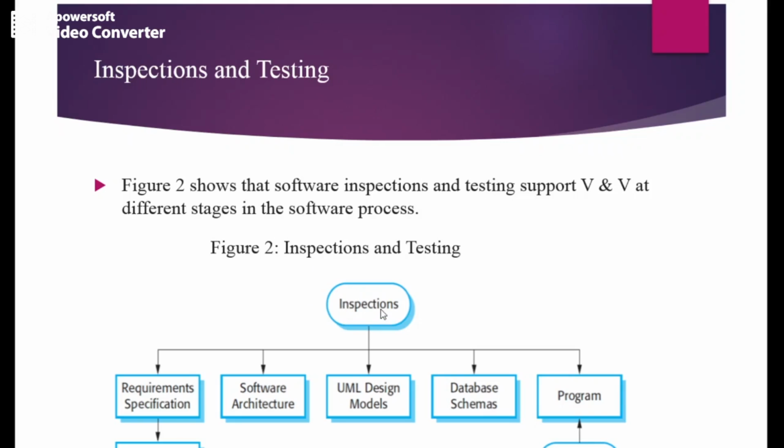Here you can see first you have inspections, and then you can see requirement specification, software architecture, UML design models, database schemas, program. What does it mean? Your inspection is a process where you are going to analyze and review the requirement specification. I told you they will first read the SRS to get to know what exactly the system is, what the functionalities of the system are. So everything you can now see, the pros and cons of that.